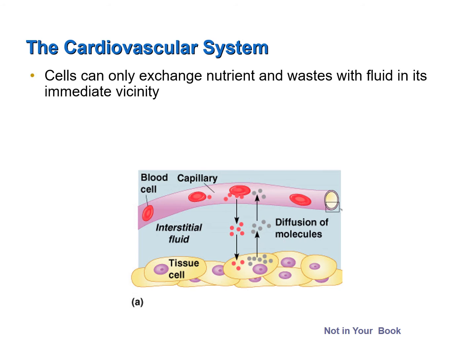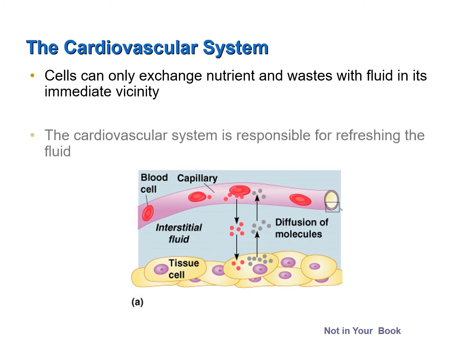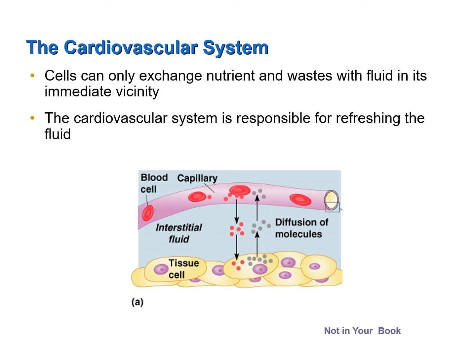It's the function of the cardiovascular system to continually refresh that fluid, bringing oxygen and nutrients to the cell and removing waste products and substances secreted by the cell. So the cardiovascular system is responsible for refreshing that fluid that the cells interact with.